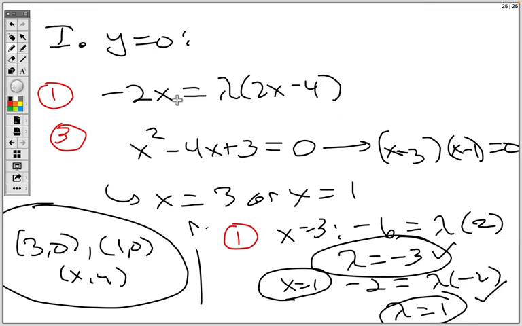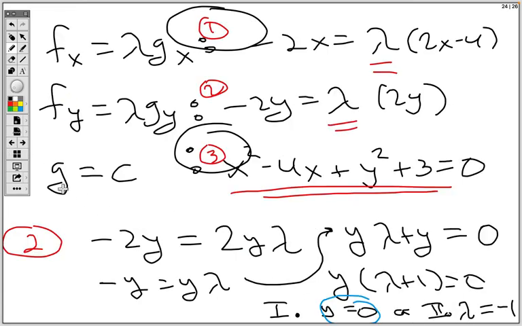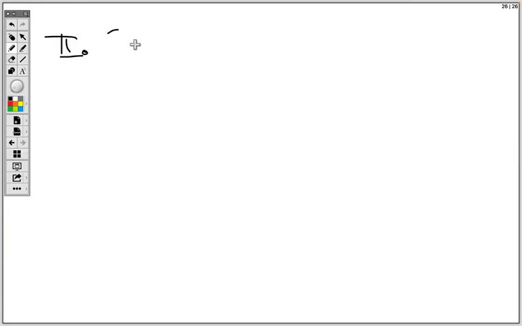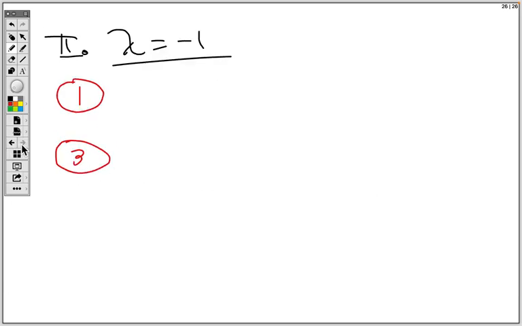All right, let's go over to case 2 now. Case 2, lambda is -1. So now I'm going to go back to equation 3, which is not going to be any different because there are no lambdas in there.